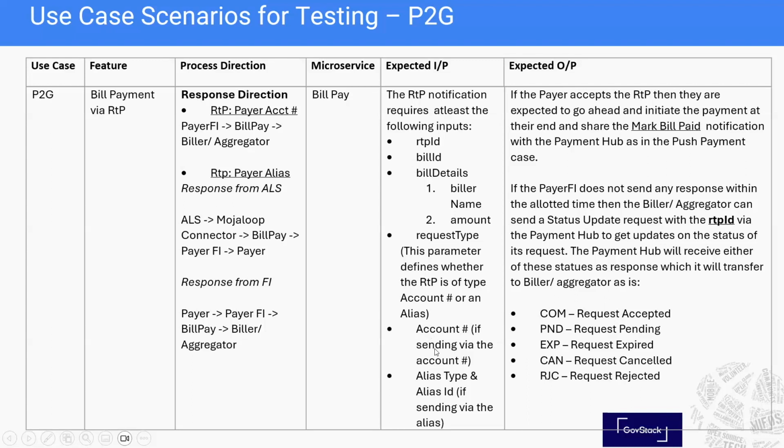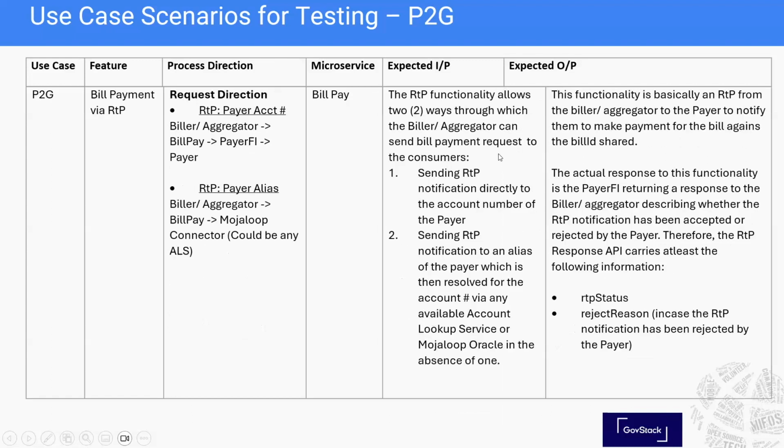Once that RTP notification is sent, the next step is that the payment hub receives it. If it is an alias based request, then the bill pay module sends that request to, in our case, if the jurisdiction does not have any account lookup service already in place, then by default we provide the connectors to the Mojaloop account lookup service.